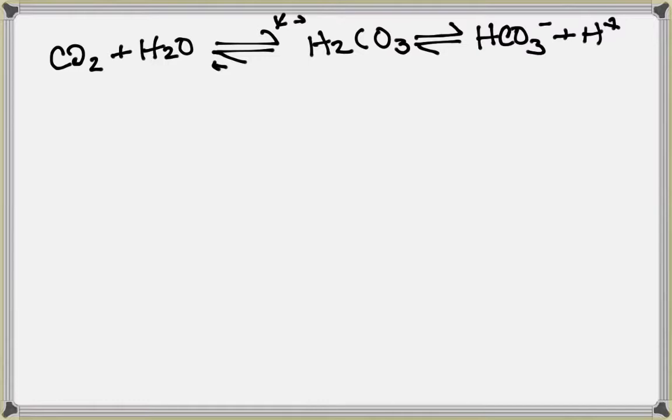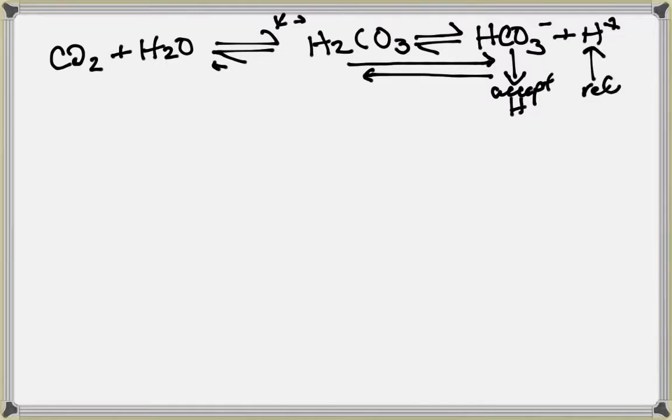This is another reason why they're good: this carbonic acid will go this way, and then it also comes back and reforms. So it goes back and forth. But this can accept hydrogens, right? And this is releasing them. So that's how it makes a good buffer. So that is the bicarbonate buffer system. That's the first one, right?